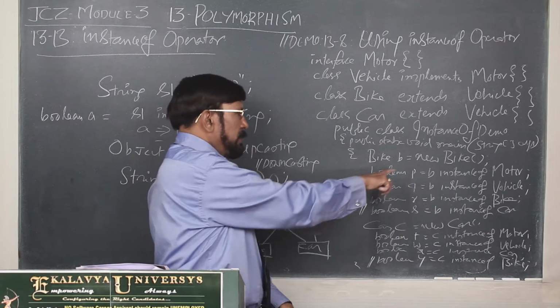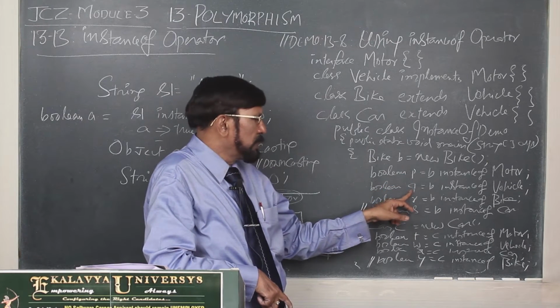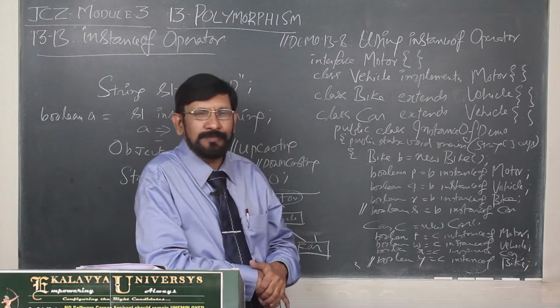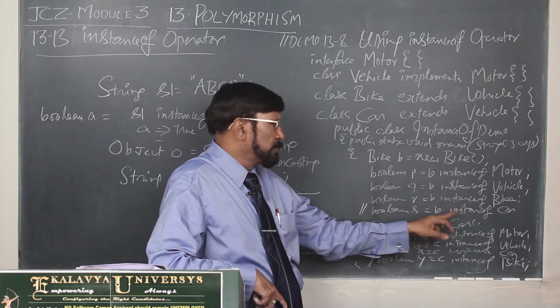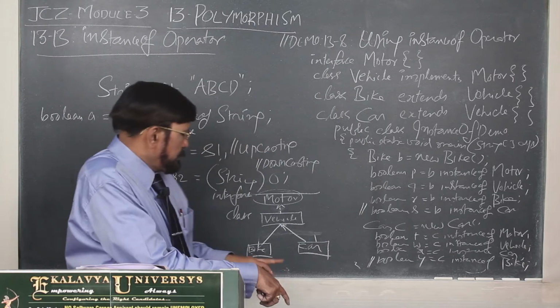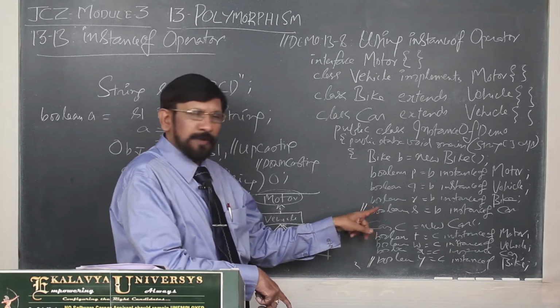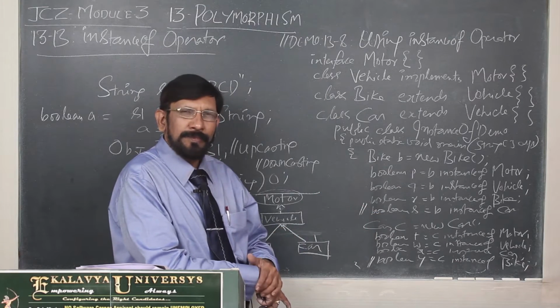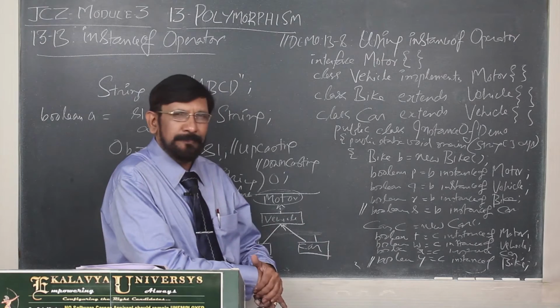That is why P's value is true, Q's value is true, R's value is true. Next, finally, boolean S = B instanceof Car. This is not its type. So if you write this code, the compiler does not compile it, it returns an error.